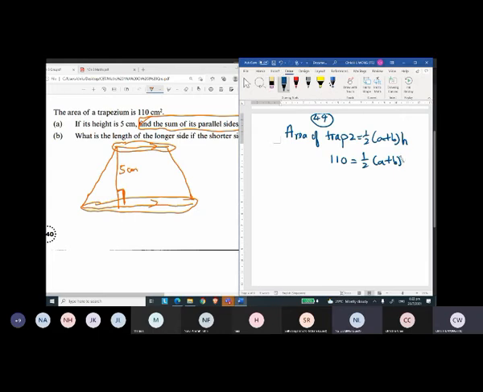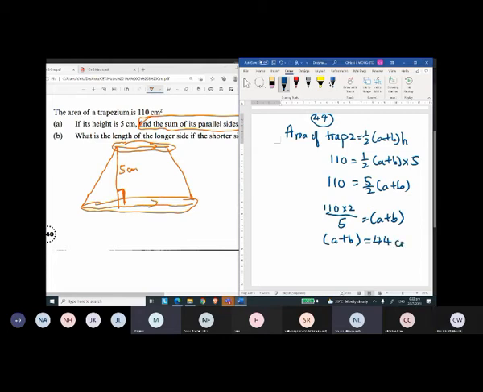So 110 equals 5 over 2 times A plus B. Let's multiply: 110 times 2 divided by 5 equals A plus B. 110 times 2 divided by 5 gives 44. A plus B equals 44, agree?